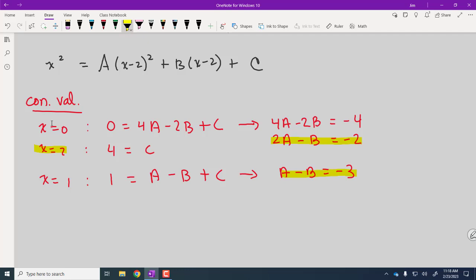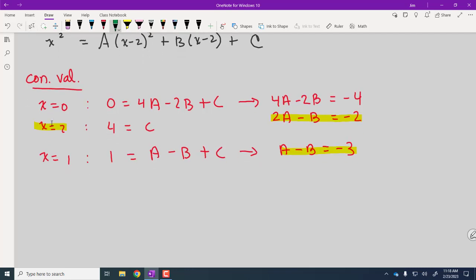I'm just going to subtract them, because I notice that if I subtract the second equation from the first equation, b will just disappear. So I'm going to take these two equations and I'm going to subtract. 2a minus a is a. Negative b minus minus b is negative b plus b, which is 0.